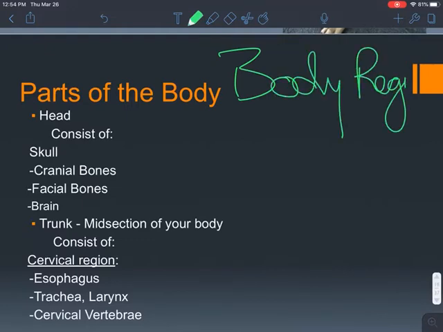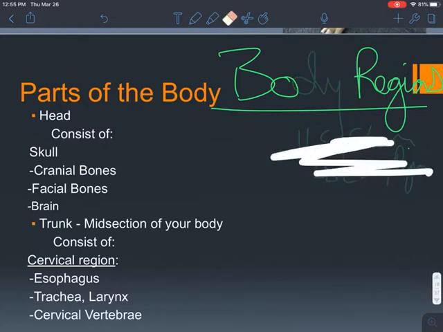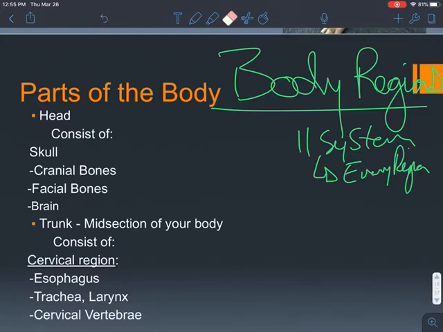So when we talk about body regions, there's 11 different systems in the body, and I would say that all systems are in every body region. But when it comes to what we're going to learn in here, we're going to focus mostly just on major organs and bones that are in the system.